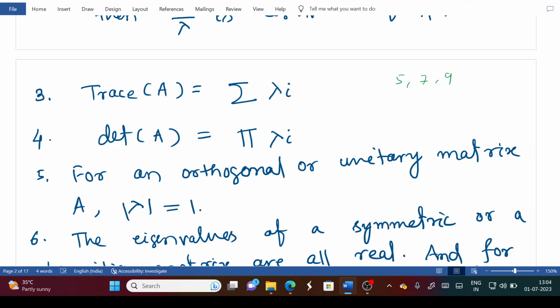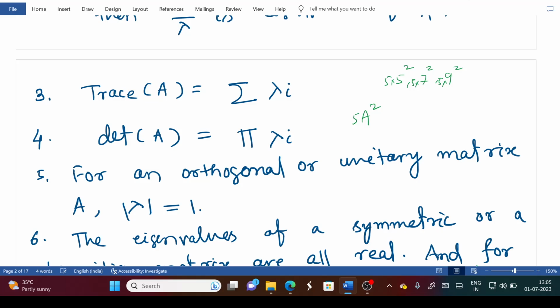Okay, so here are some more properties. Suppose A is having these 3 eigenvalues. What about A square? A square will have eigenvalues, these squares. What about 5A square? That means it will be multiplied by a scalar 5. What is trace of 5A square?